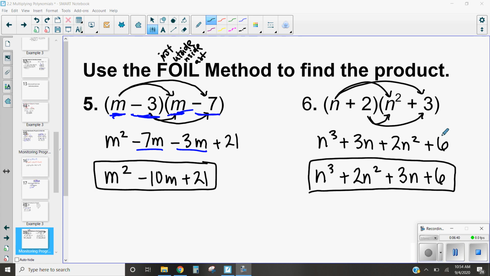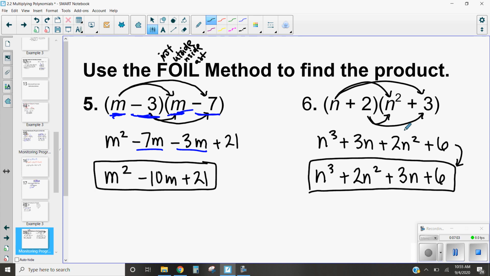Remember, like means the same variable and the same exponent. So the only thing I did from here to here is I actually just wrote it in standard form. So I moved this 2n squared to being second and this 3n to being third because the n squared has a higher degree than that 3n. Otherwise, that's all we had to do. So much less work than those other methods, although those other methods were great.